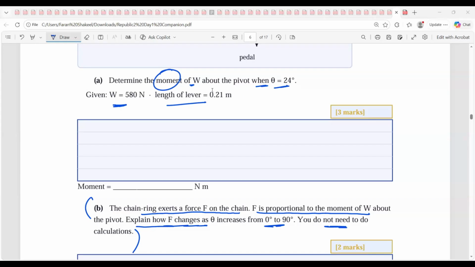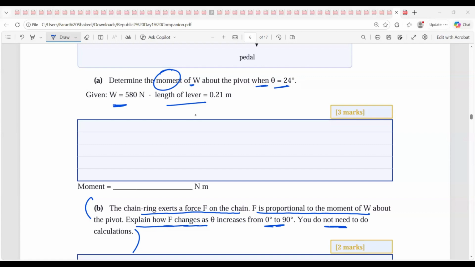Would it increase? F decreases. The force is proportional to cos of theta. Yeah, F does decrease. Can you explain that?